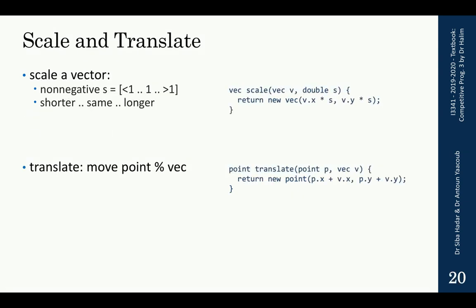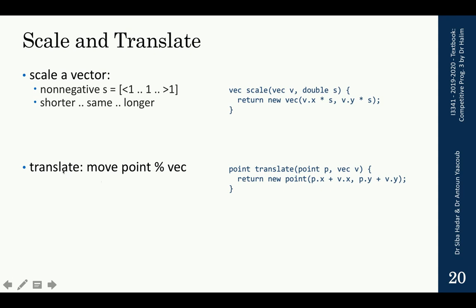Two other functions, scale and translate. You can scale a vector to be shorter or longer, or to remain the same. So you give the double scale ratio and the vector you would like to scale, and this function returns the resulting vector, and it simply multiplies the x length by this scale as well as the y length.